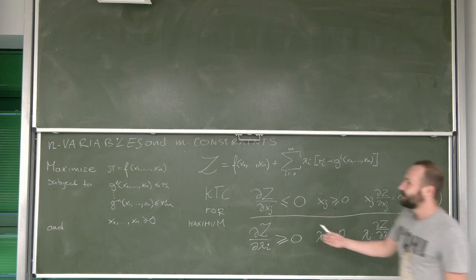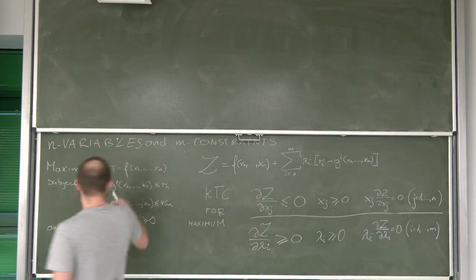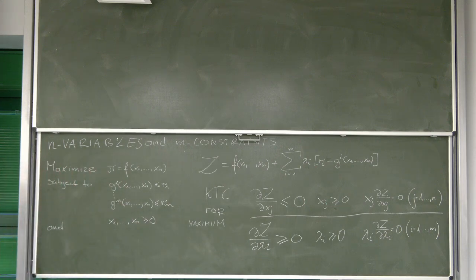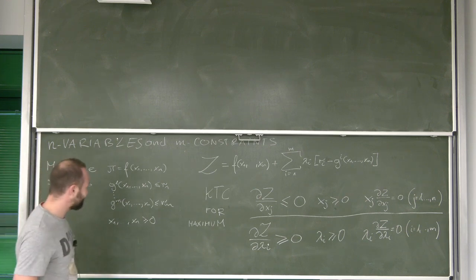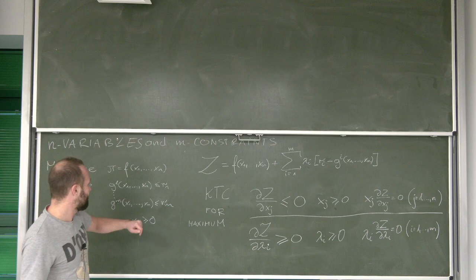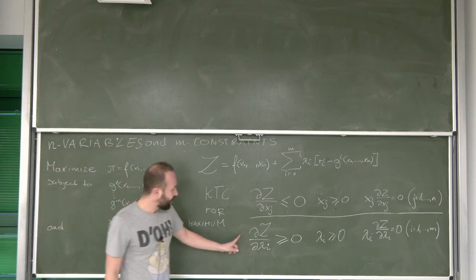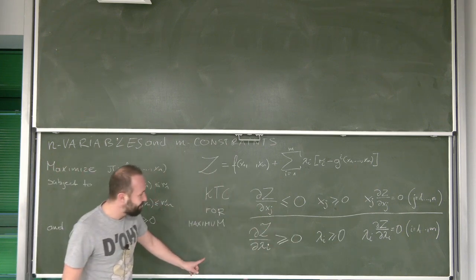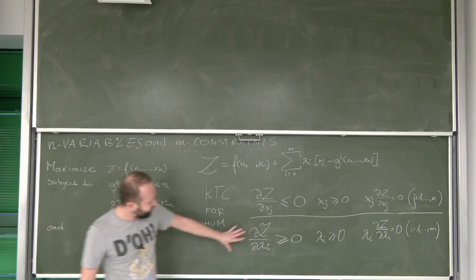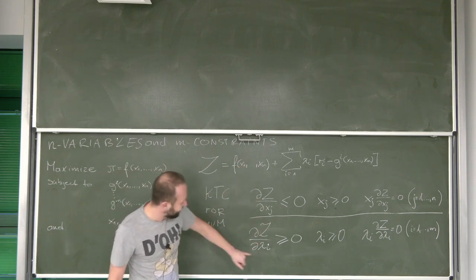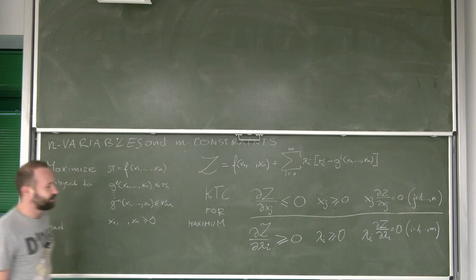And then, as we have m different constraints, each indexed by i, we will have m different partial derivatives of z with respect to Lagrange multipliers.